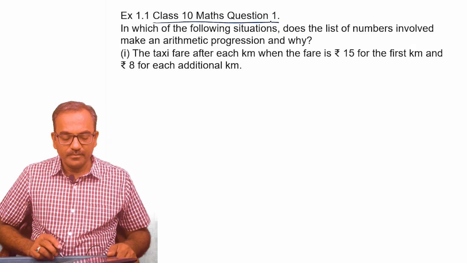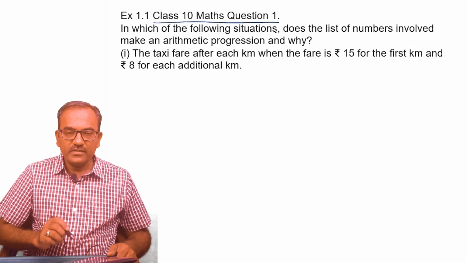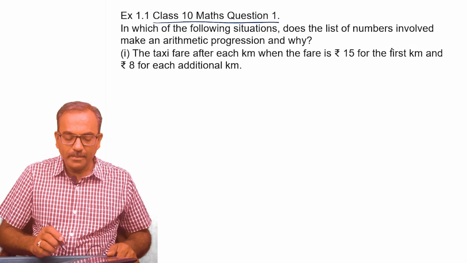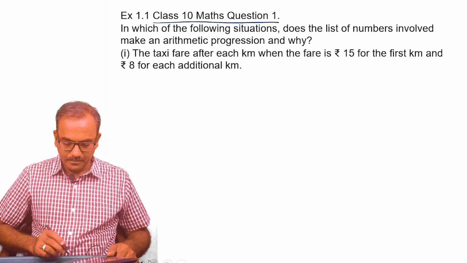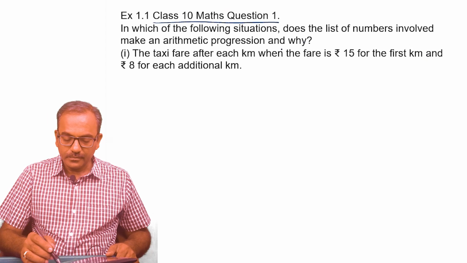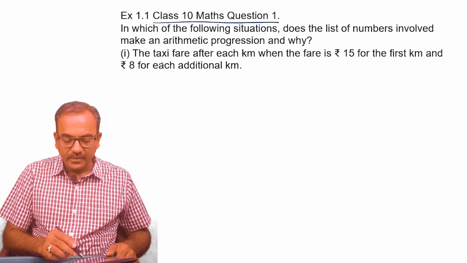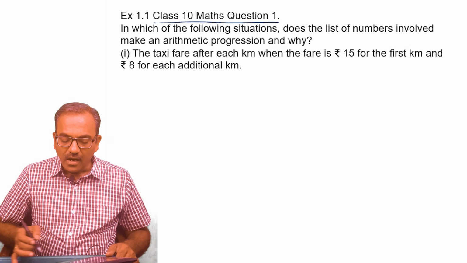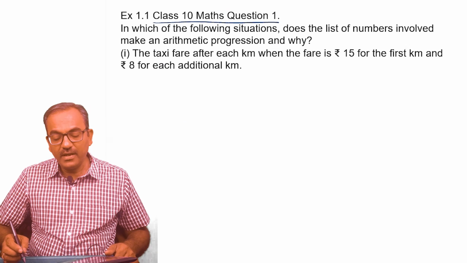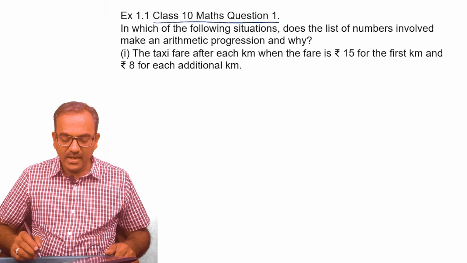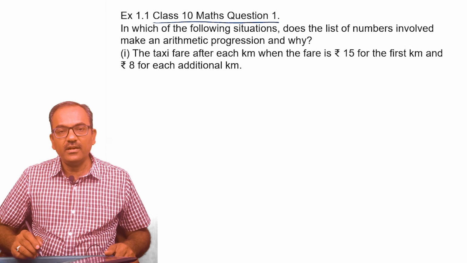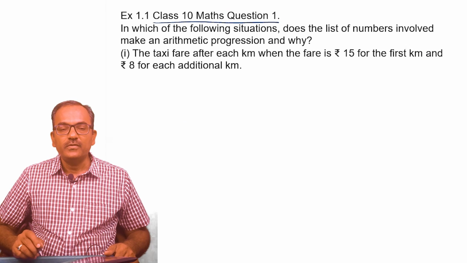The first problem: in which of the following situations does the list of numbers involved make an arithmetic progression, and why? The taxi fare after each kilometer, when the fare is rupees 15 for the first kilometer and rupees 8 for each additional kilometer. What do you understand by this?